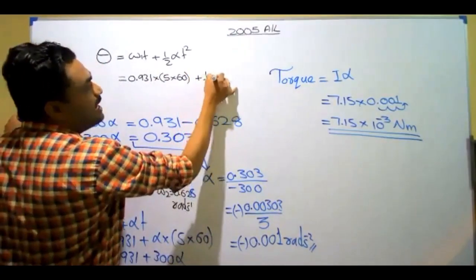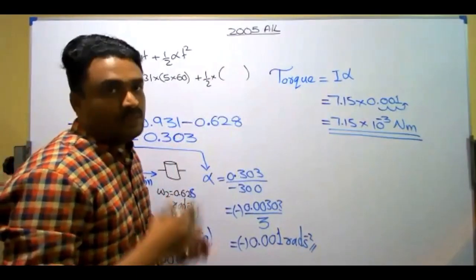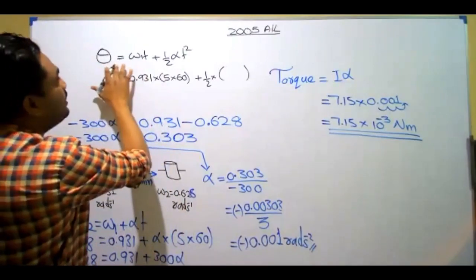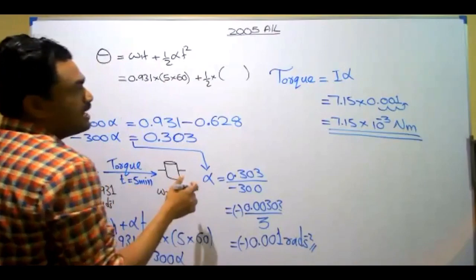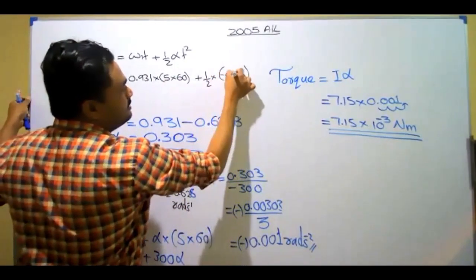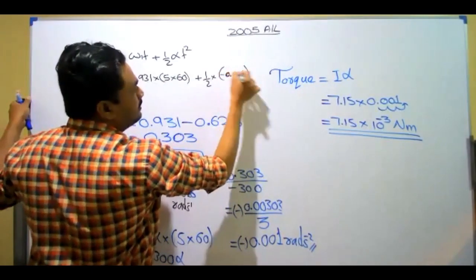Plus half alpha. Now we should use the minus sign of alpha. Positive and negative signs of alpha are used in all the velocity displacement equations, right? So alpha is minus 0.001. This is alpha.